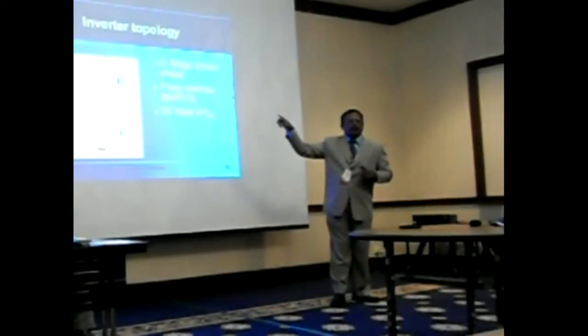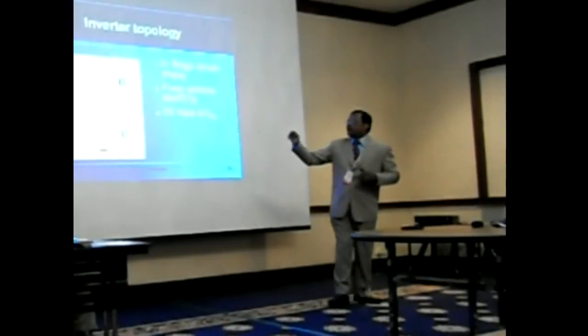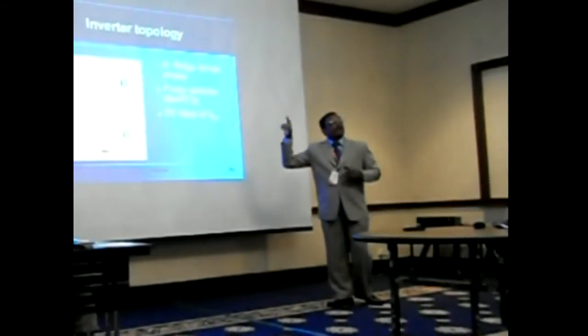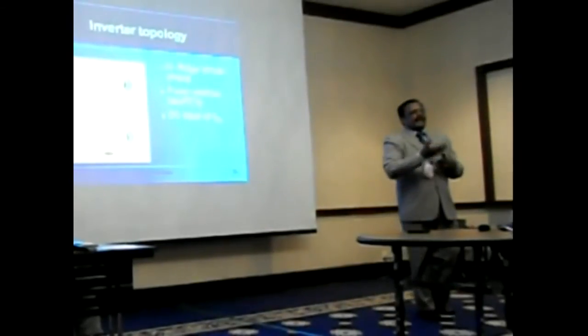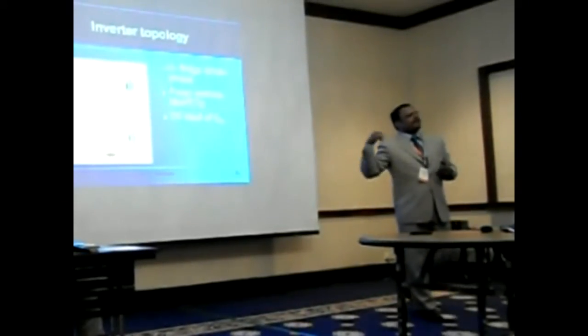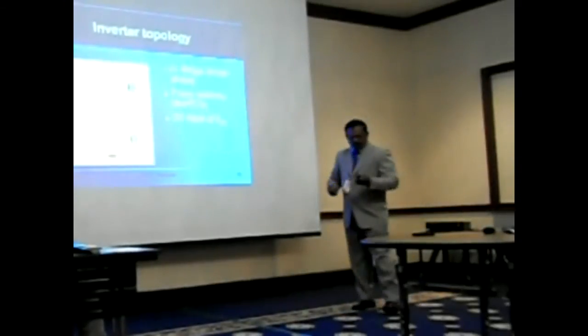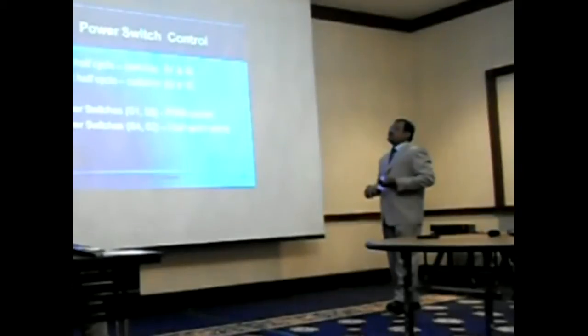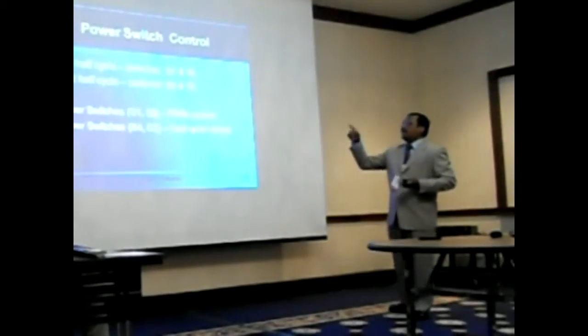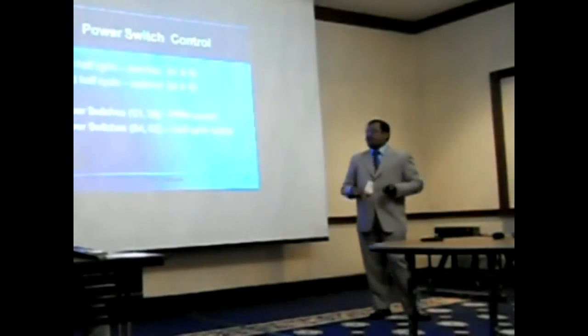So S1, S4 will allow the current in one direction in the load, whereas S3 and S2 will allow the current in the opposite direction. So current reversal or AC voltage generation is possible because of the switching conditions. In one half cycle, S1 and S4 are switched, and in the next half cycle, S3 and S2 are switched.